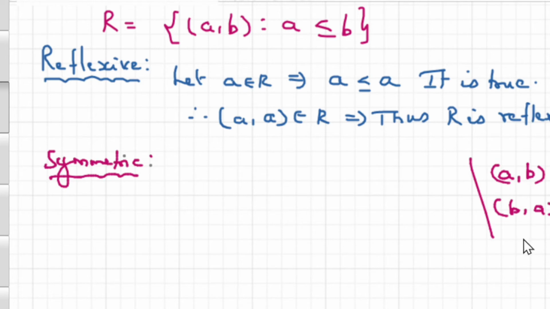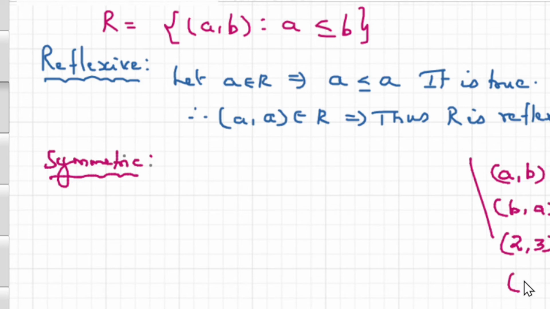For example, if we have the elements 2 and 3, we want to check whether it is either equal or less than. So 2 is less than 3, so the A comma B condition is true.